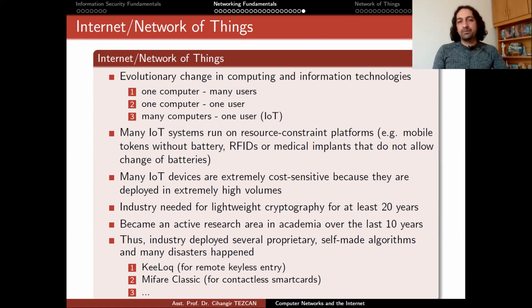If your device has good computational power or memory and so on, for instance, when we say Internet of Things, people think about devices like Raspberry Pi, but Raspberry Pi is no different than a computer. They're really good in terms of computational power and memory. They have gigabytes of memory, and they have really good CPUs.